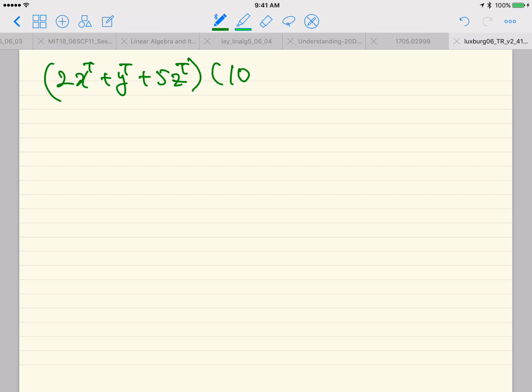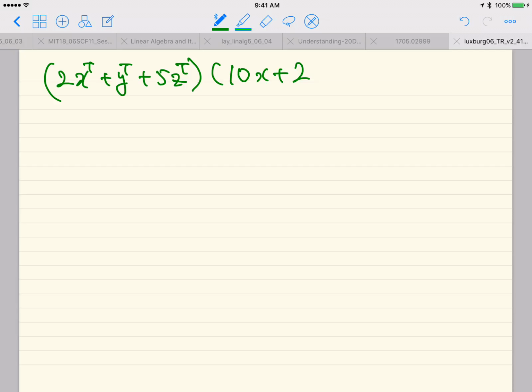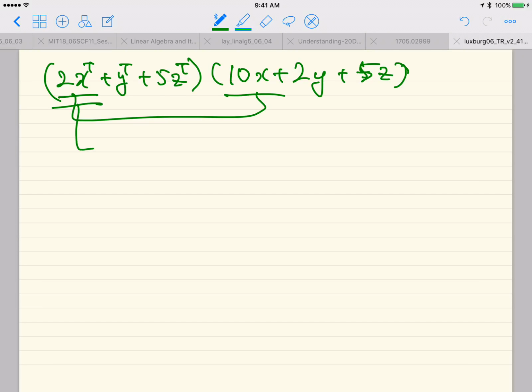And then 10 times x plus 2y plus 5z, right? Then we have the self terms multiplied by themselves, and also some cross terms multiplied between different vectors, like x transpose y, x transpose z, and so on.